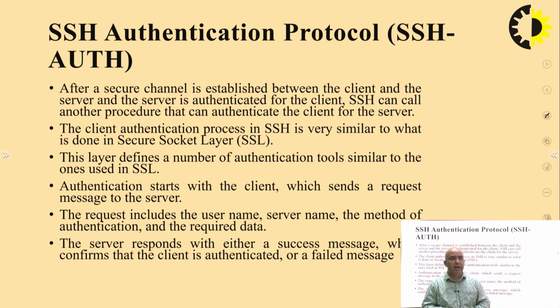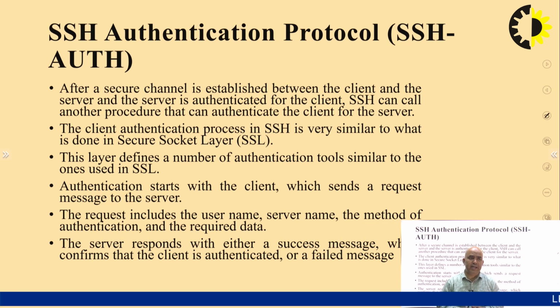The client authentication process in SSH is very similar to what is done by Secure Socket Layer, SSL. This layer defines a number of authentication tools similar to the ones used in SSL.